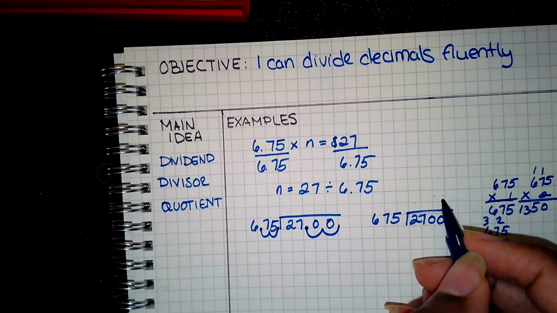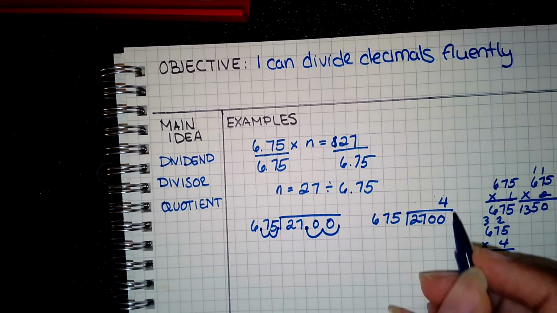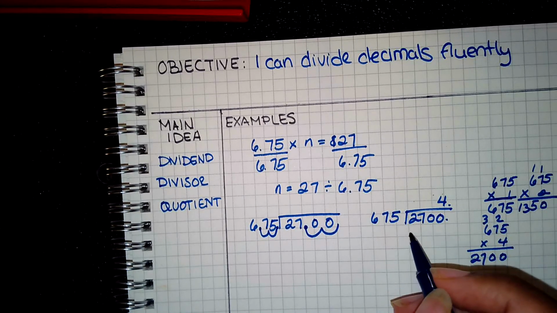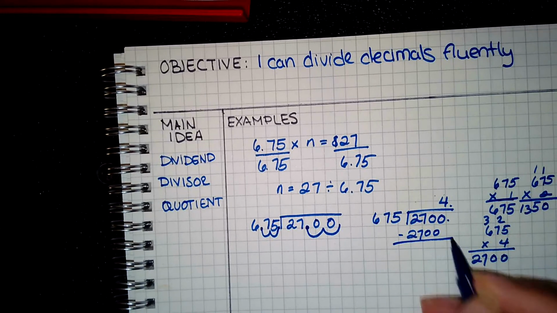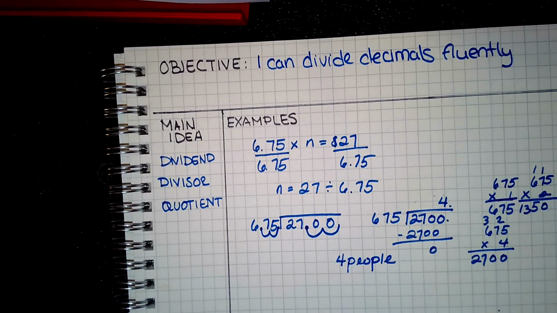So I am going to put my 4 over my last 0 so that my decimal points here are lined up. And this is 2,700. I'm going to subtract, and I have 0. So for this problem, 4 people ate at the restaurant.